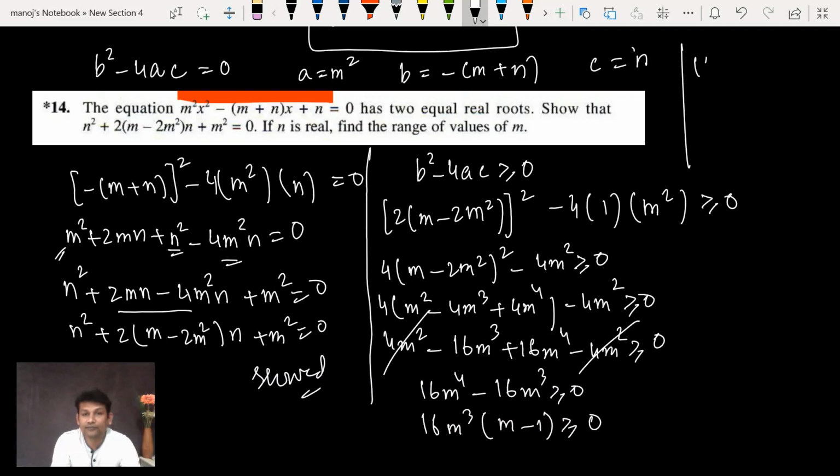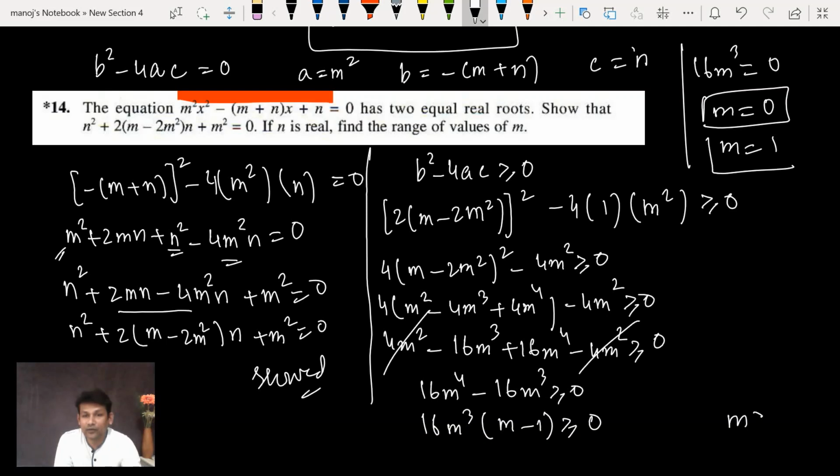M cube equals 0 means m is 0, the first value, and the second value of m comes from this part, which is 1. So when you make the range, what's the method I told you? I will write m in the middle and copy the same sign. Minimum value is 0, maximum value is 1, and that's your answer, and we have done it.